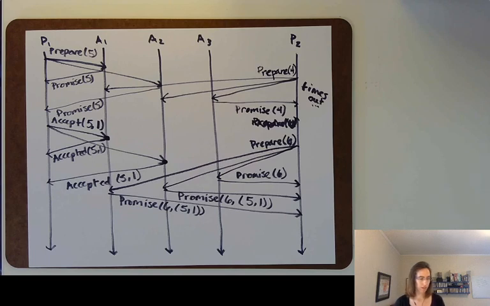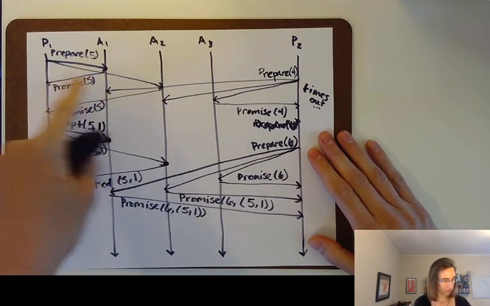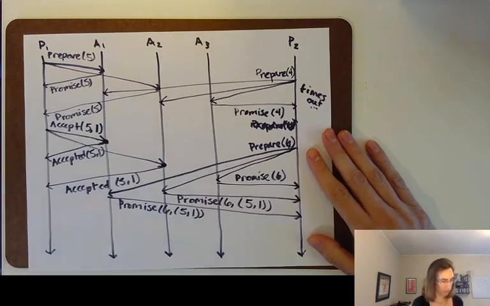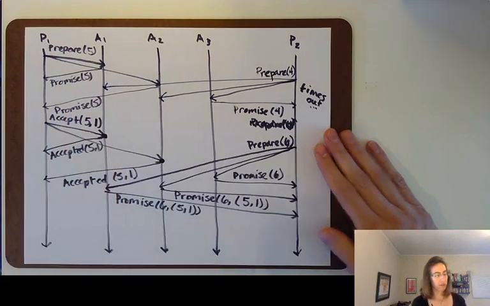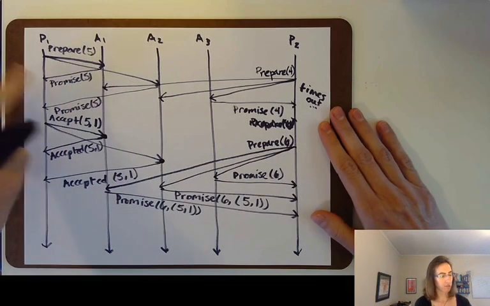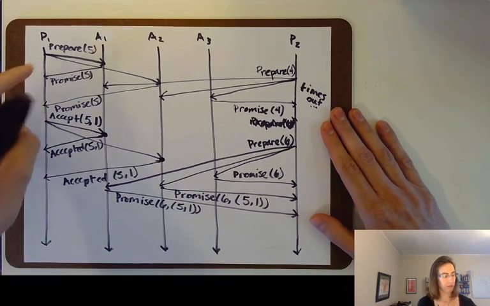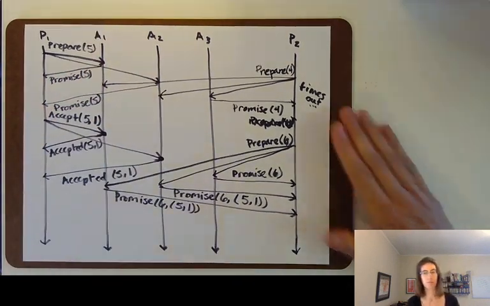If that acceptor knows how to do some sort of deduplication, then maybe it would only send back one promise. In any case, it doesn't matter if multiple promises of the same proposal number come back from the same acceptor, because 3 or 4 or 5 is as good as 1. P1 is waiting to hear back from a majority of acceptors. So it's not the message count that it's waiting for. It's waiting for them to come back from distinct acceptors.